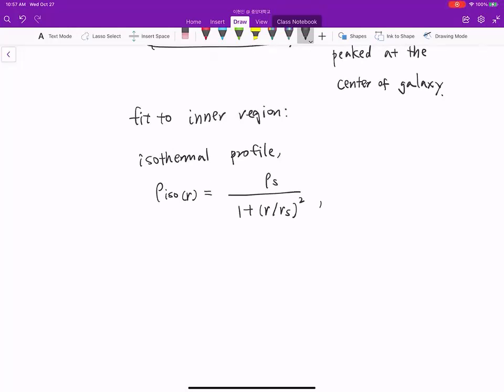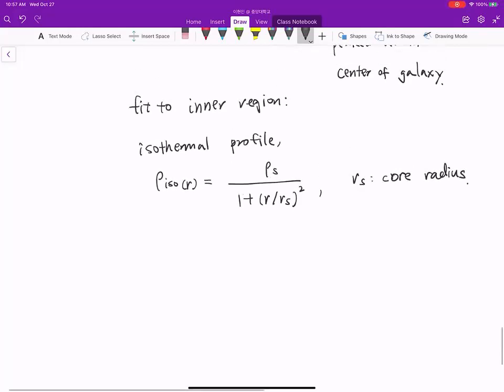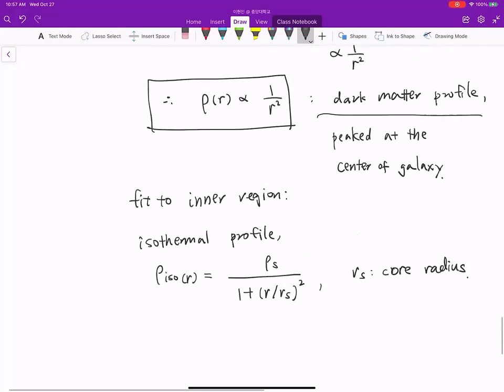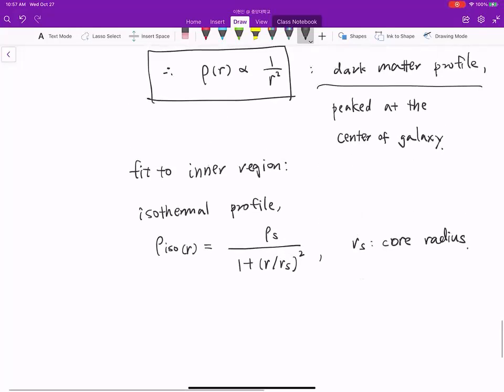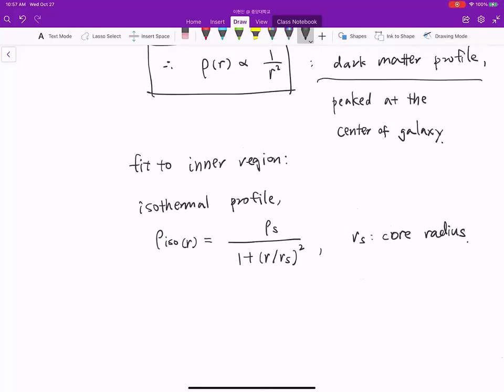So this R_s here is the core radius. And the dark matter profile we call the halo profile, because it's like a halo spread over into the bulk region. So this dark matter is not concentrated on the disk, it is spread over into the bulk region.